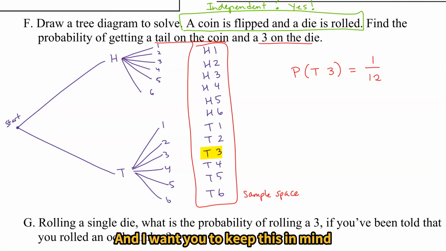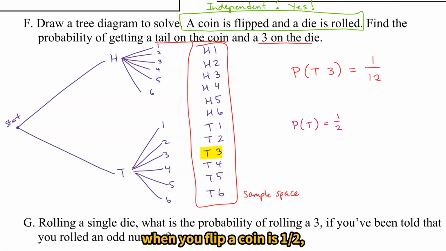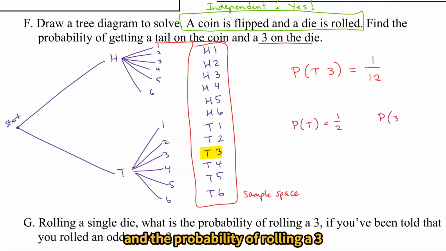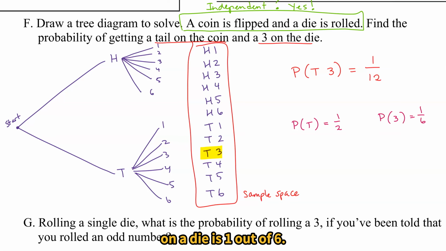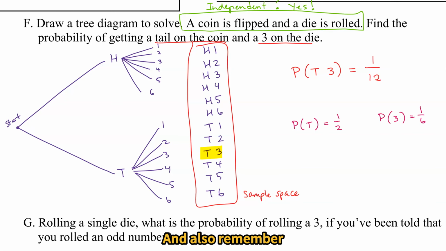Now I want you to keep this in mind, and I want to point out one more thing, and I will connect them in just a moment. Notice that the probability of getting a tail when you flip a coin is 1/2, and the probability of rolling a 3 on a die is 1 out of 6. Hang on to those in the back of your head. And also remember, these are independent events. That's going to be important.